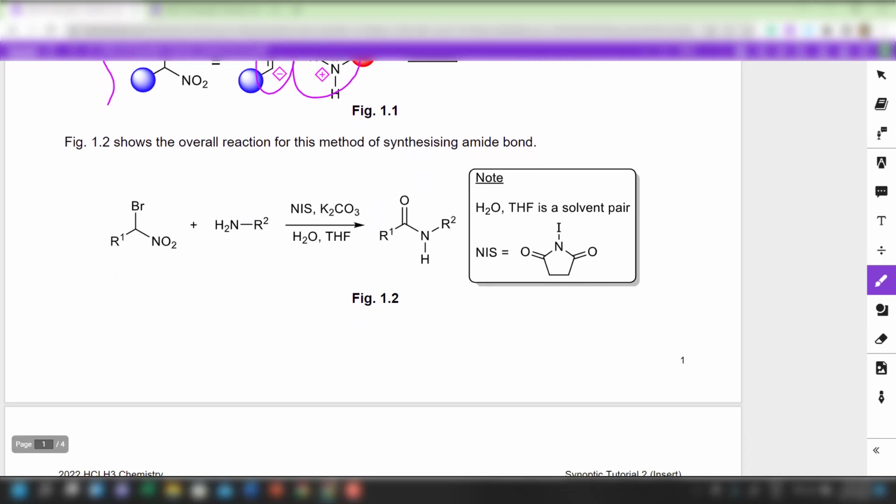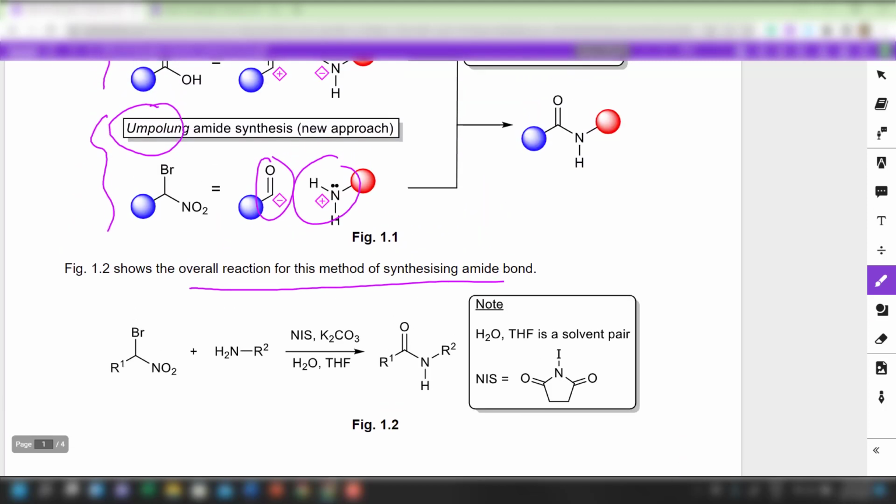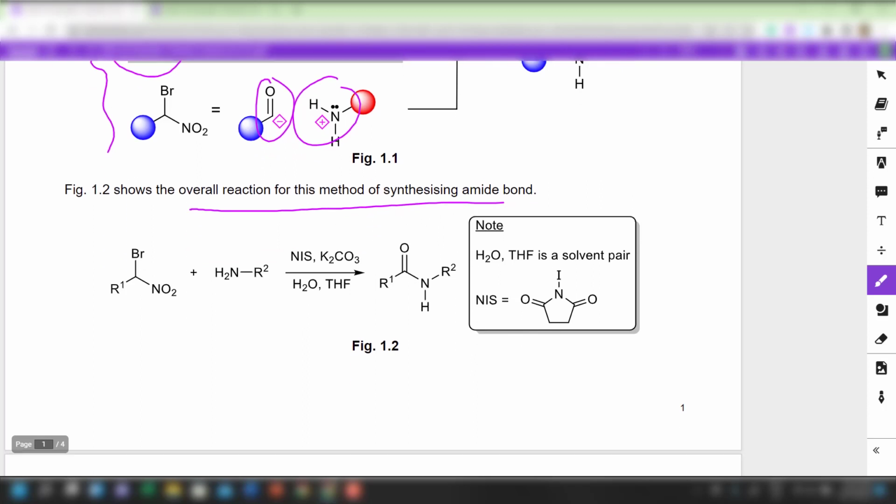Over here we have figure 1.2, which shows the overall reaction for this method of synthesizing amide bonds. You notice that the focus of this question is on the Umpolung approach and is not on the traditional condensative approach. Which means in exams, when you're reading the stimulus, you have to be very clear-headed.